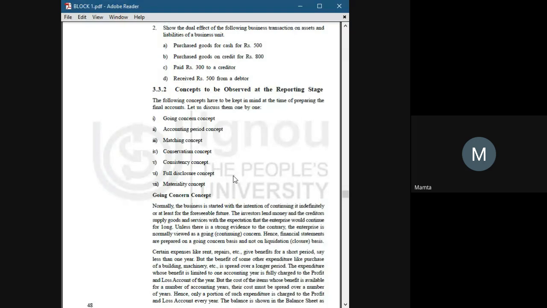No person will start a business with this mentality. Every person wants his or her business to grow more and more and to run for many years. That is what the going concern concept is about. Whenever we are spending our money on our assets, we have to be careful, like with rent, repairs and all.